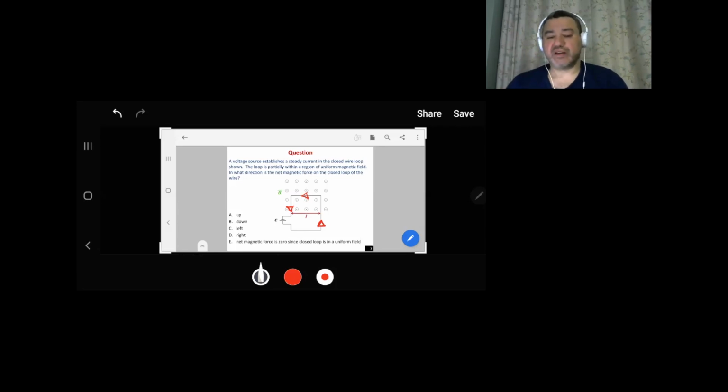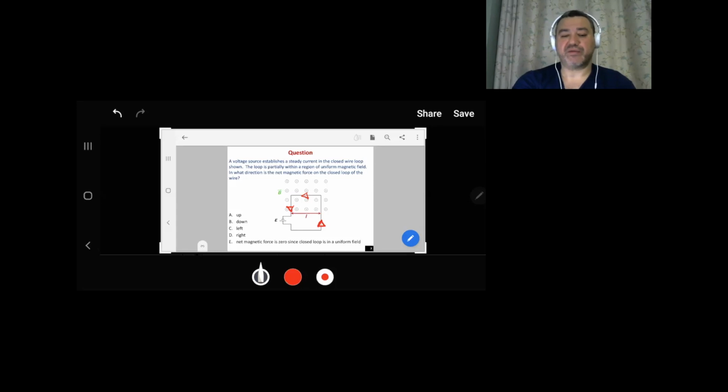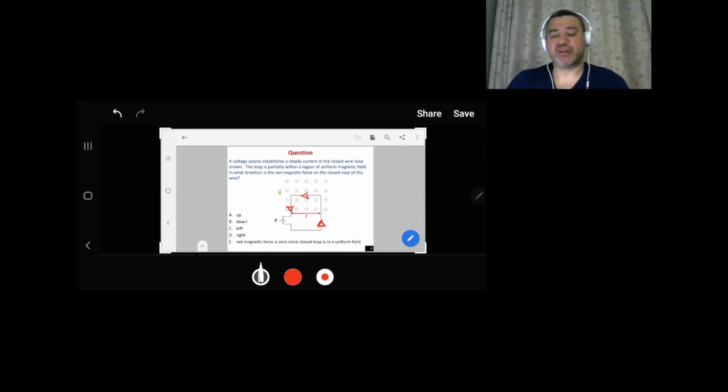So assume that we're all now sitting and facing the screen that you guys are seeing. Looking at the screen right now, I can see that the current is going up. So I'll let my fingers point in the direction of the current, and the magnetic field is pointing out of the screen. In this case, I have to curl in that direction.